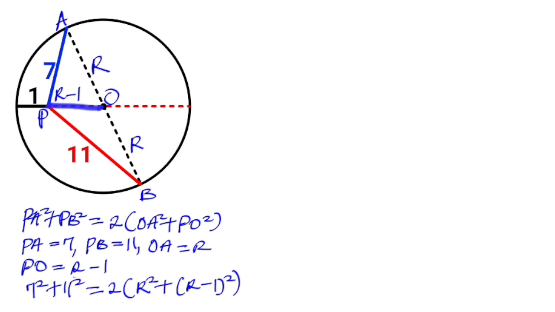To solve for the radius, first, let's simplify the left side of the equation. 7 squared is 49. And 11 squared is 121.